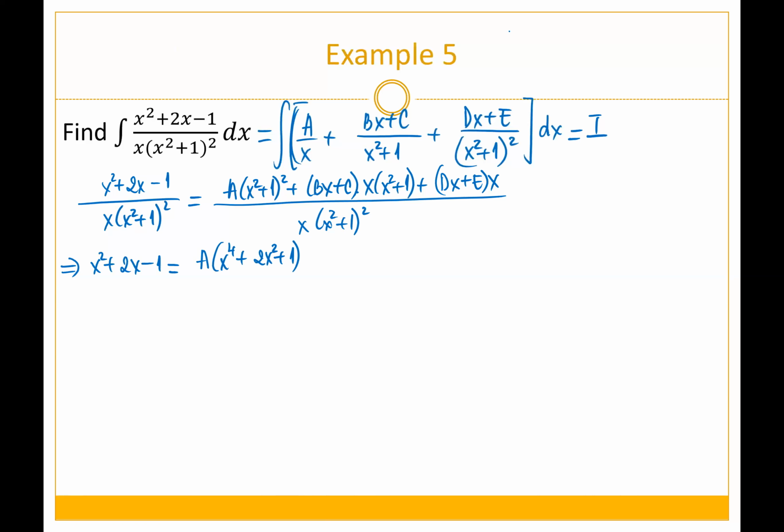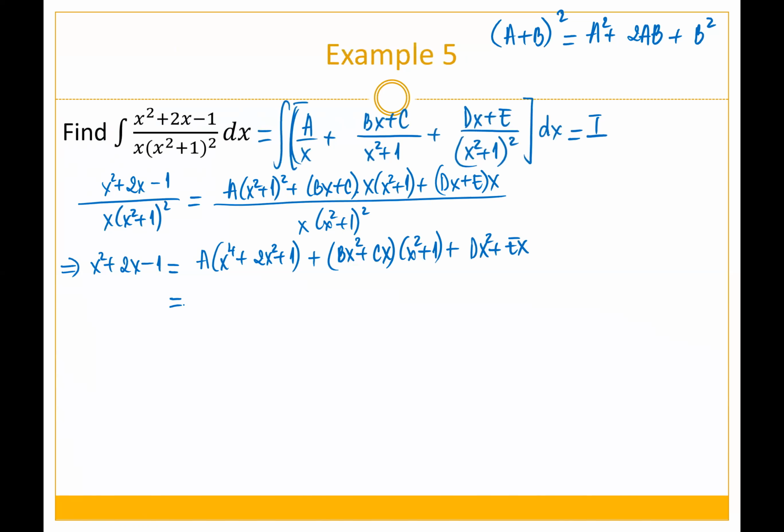Again, this is kind of a reminder here: (a plus b) squared equals a squared plus 2ab plus b squared. Then it's going to have Bx squared plus Cx, multiplied by x squared plus 1. I just multiply this x inside. This is an x, not a multiplication sign. And you have Dx squared plus Ex.